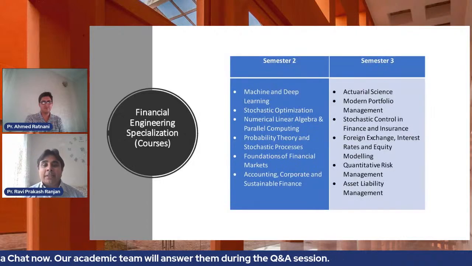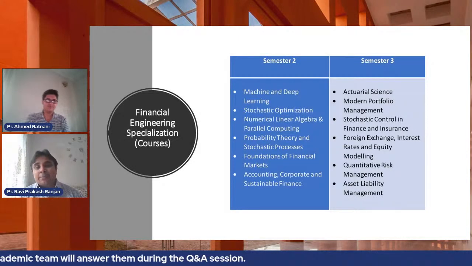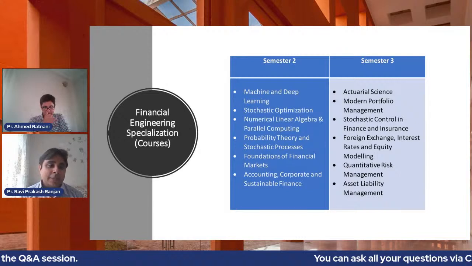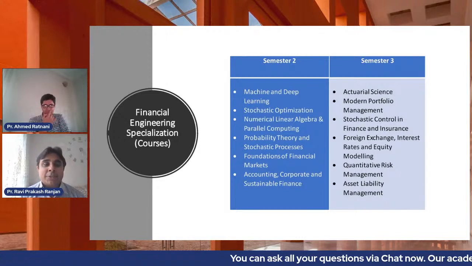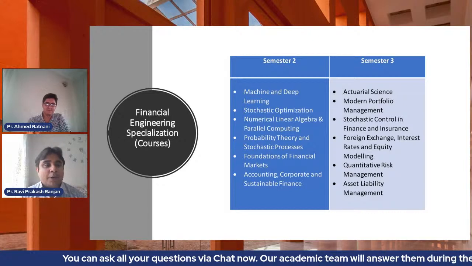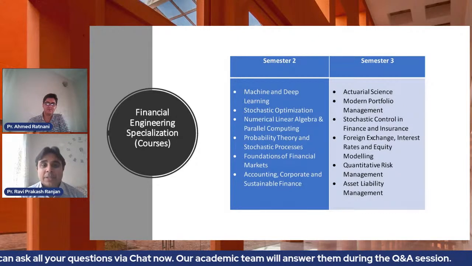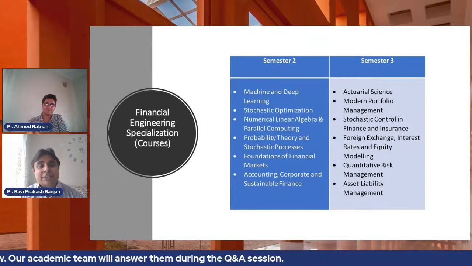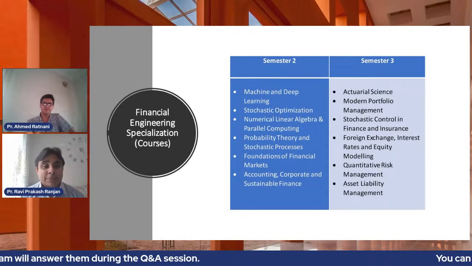In the first semester, we will have the same set of courses as Professor Ahmad mentioned in the beginning for the data engineering specialization, because semester one is really common for all the students. In semester two, it's almost common, but it's slightly diverging, where we introduce two specific courses.